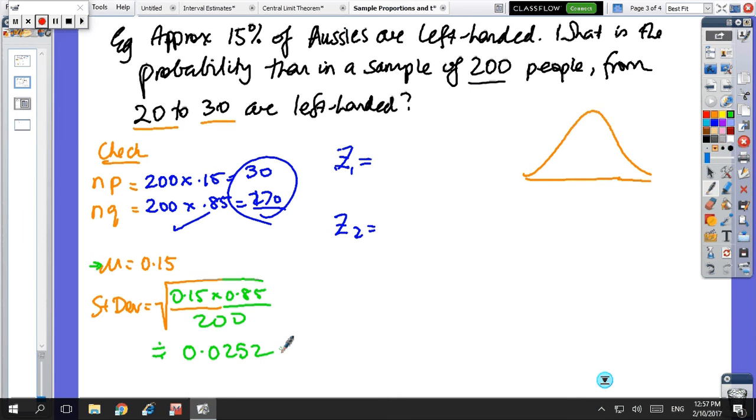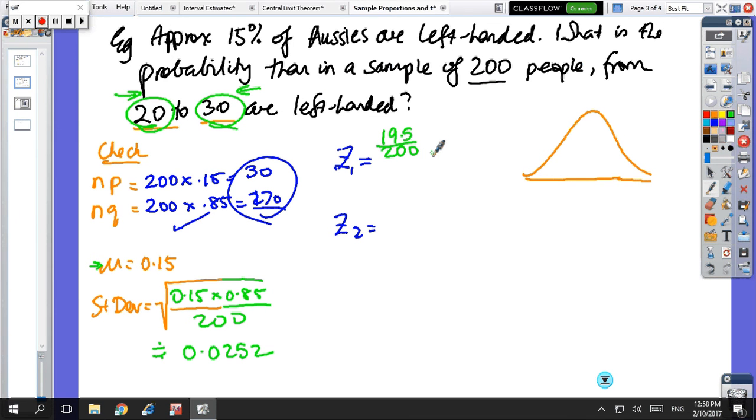0.252. So can you just check that number out, make sure that's right. Now, because we're going to be between 20 and 30, we can't start at 20, we've got to come from either side so that we take 20 with it. And so with this one, they actually say take 19.5 out of 200.